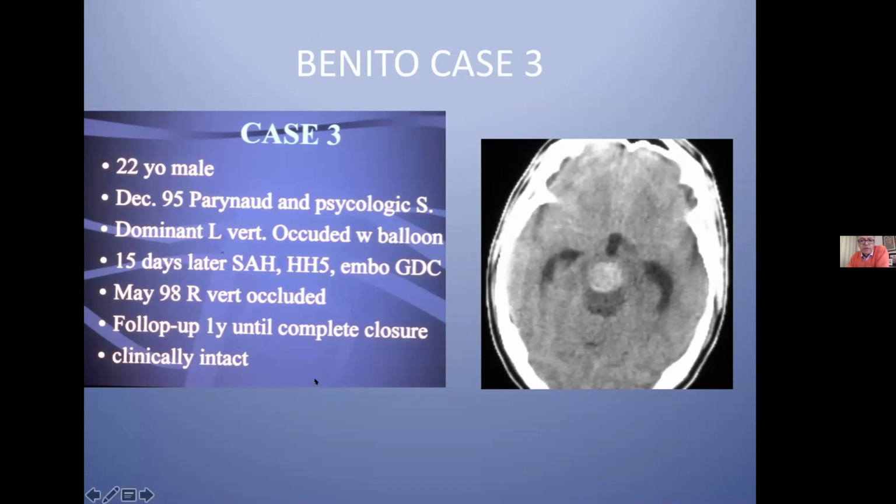This case was treated by myself in 1995. At that moment it was the early period of treating with the GDC. This is the clinical symptom. In the CT scanner you see hypodensity in the brainstem and mesencephalon, and dilatation of the temporal ventricle.